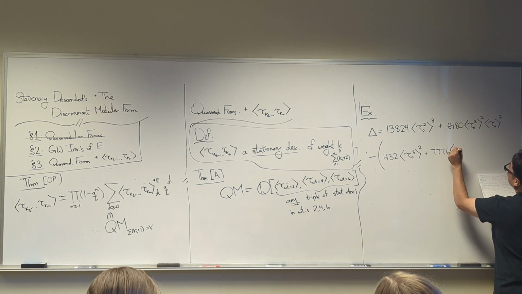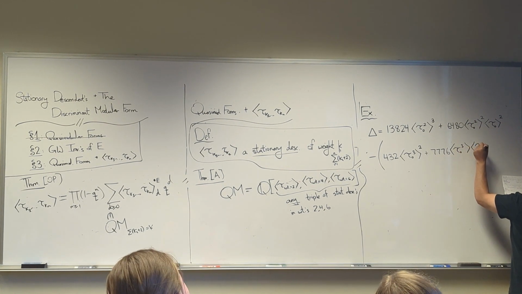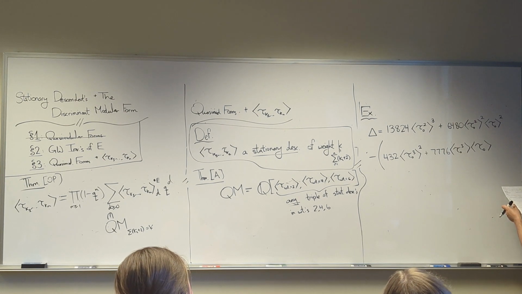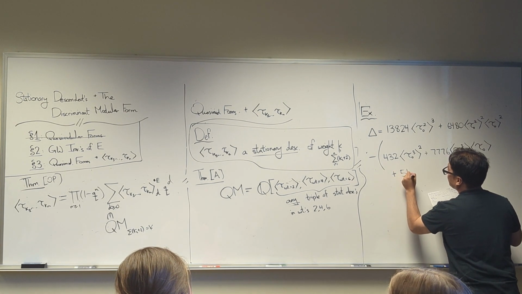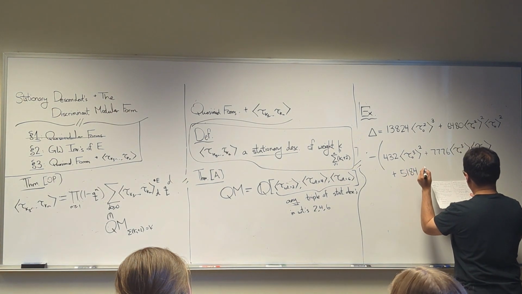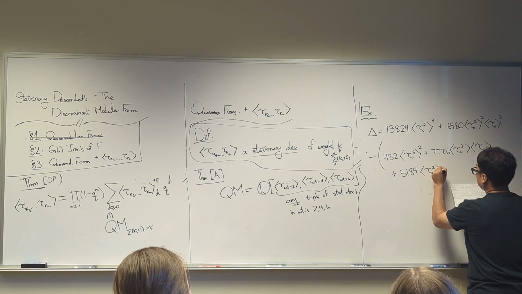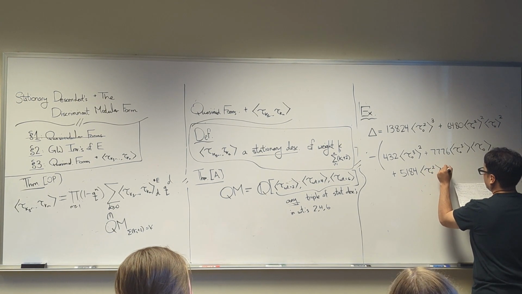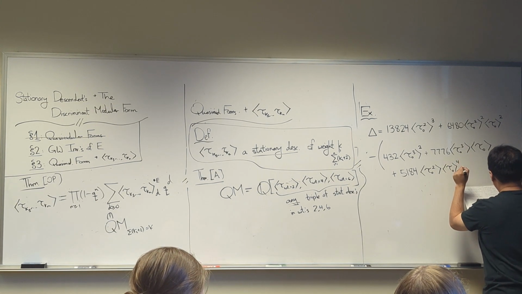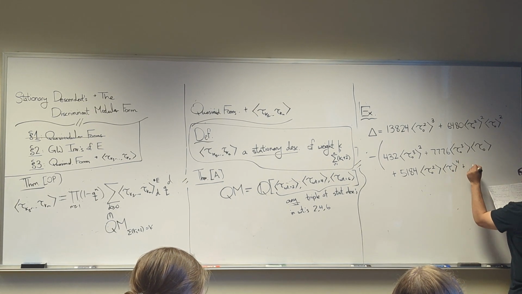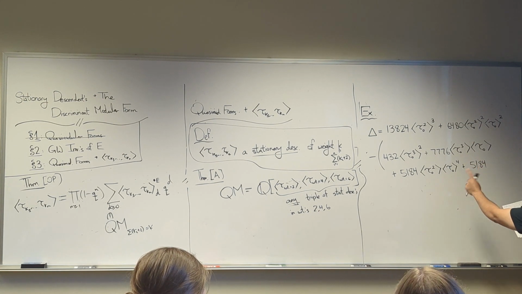Almost. Cubed tau naught plus 5, 1, 8, 4 tau naught plus 1, 2, 3, 4, 5, 6, 7, 7.